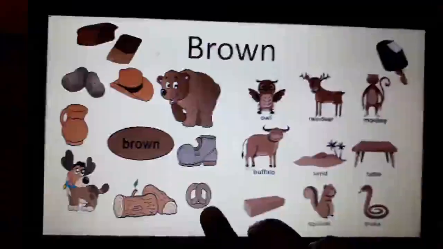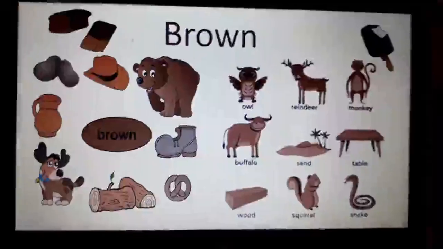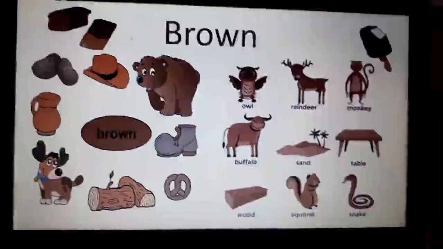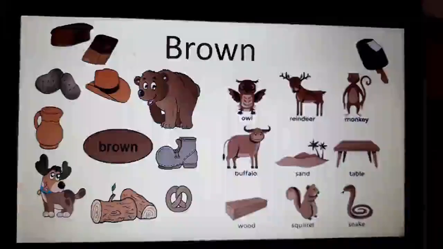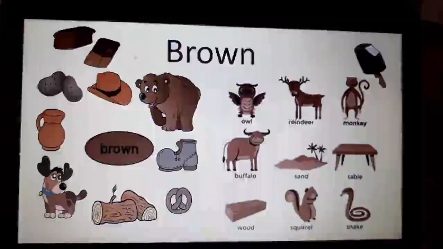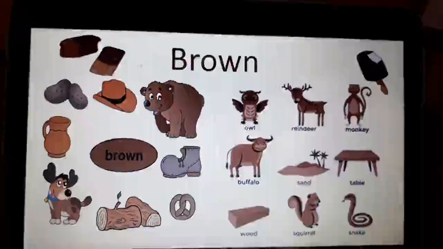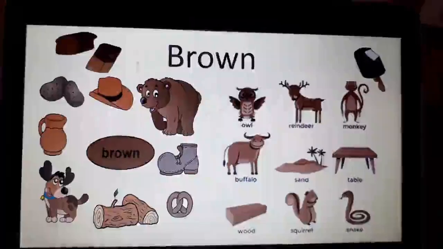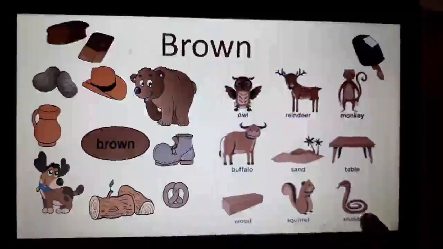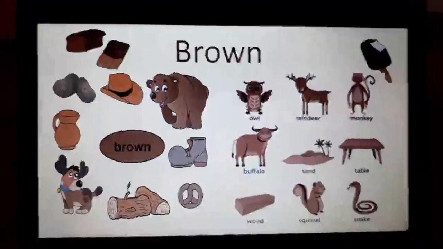Then your rope, rassa, tug of war का जो मोटा वाला रस्सा होता है, that is also brown in color. So class, these are different objects that are brown in color. Animals like bear, owl, reindeer, monkey, squirrel, snake. Isn't it?